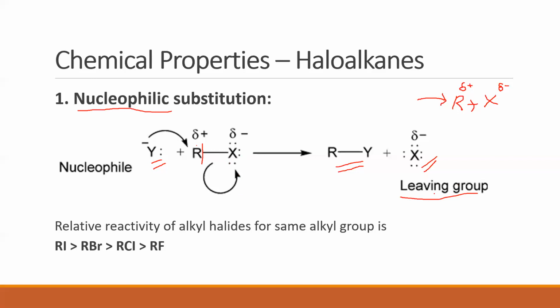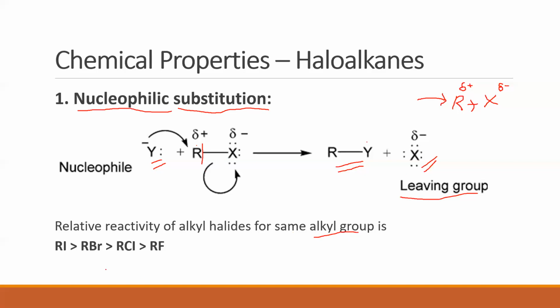Since it leaves, it's called the leaving group. In place of the halogen, who gets substituted? Y gets substituted. And what was Y before? Y was a nucleophile. Since a nucleophile gets substituted in place of a halogen, this reaction is called what? Nucleophilic substitution reaction. Clear?